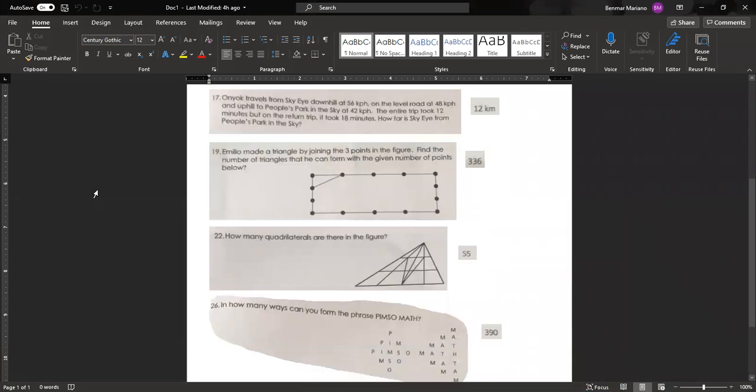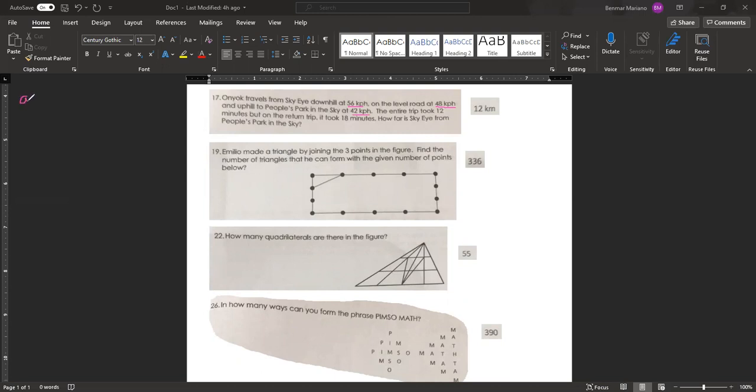Okay. Now, for us to identify the answer for number 17, it will be this one. So, the speeds are 56, 48, and 42. For us to do that one, we will now have A over 56.